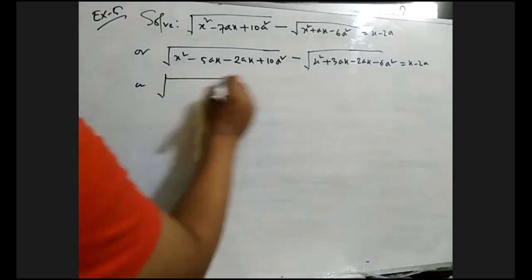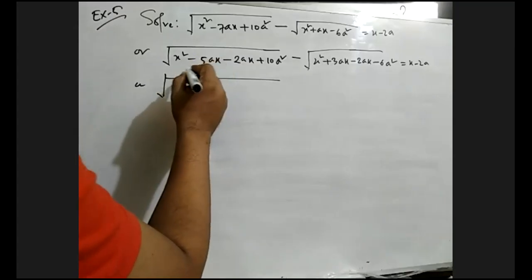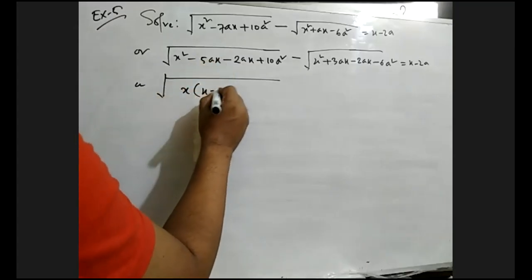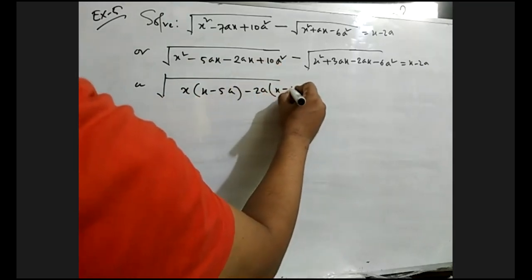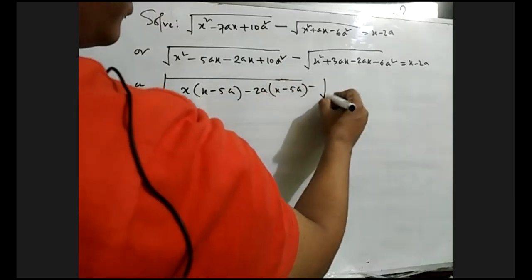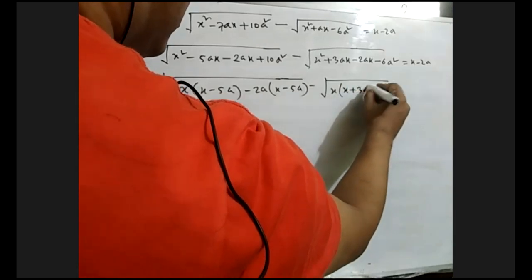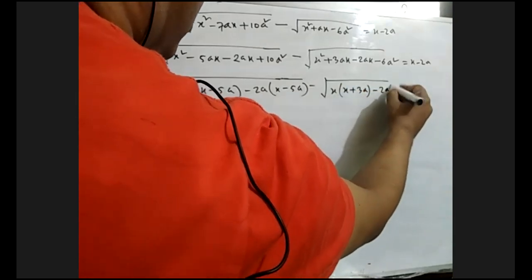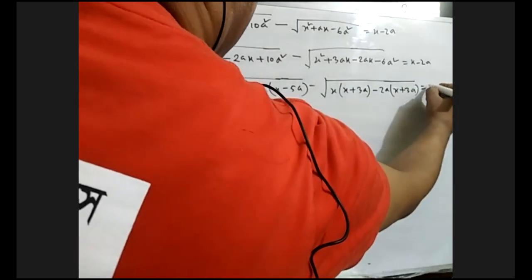So x will be common here. Okay, so x minus 5a. So here twice a will be common, x minus 5a. Similarly, from the second part, x will be common, x plus 3a, and twice a will be common, x plus 3a.